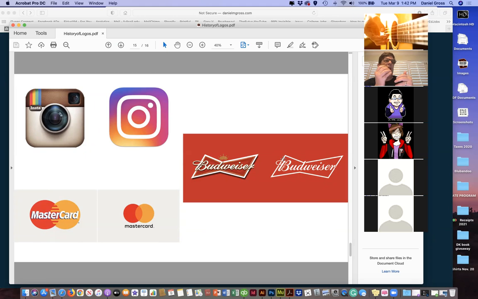Let's say you work on a brochure or something like that for a company, they're going to change that quite often, because a piece of design is meant for a short period of time, whereas a logo is meant to last for years, if not longer.